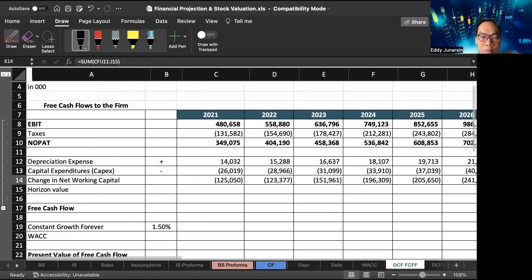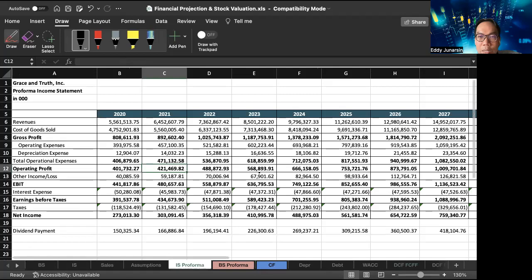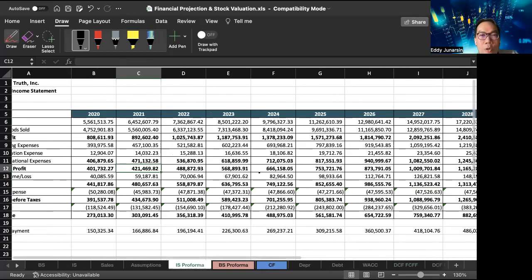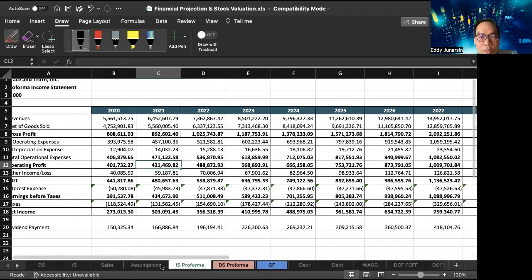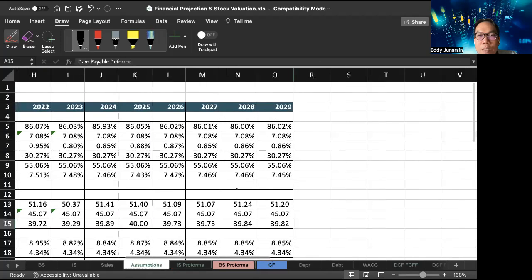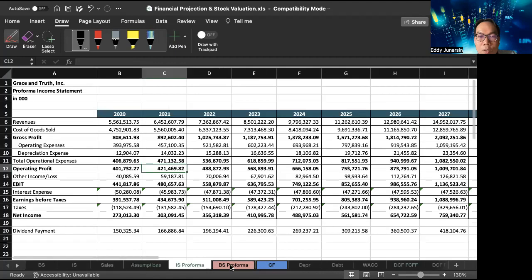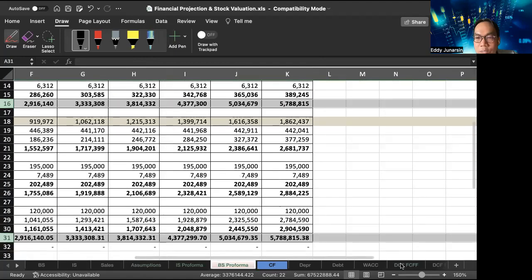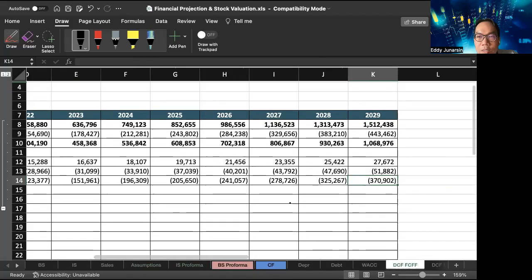But for this one, we didn't make any projection for 2030. Yeah, we could add one more if we want, but let me see. Yeah, all until 29. So we don't have the projection for 2030. So what we can do is again the simplification.